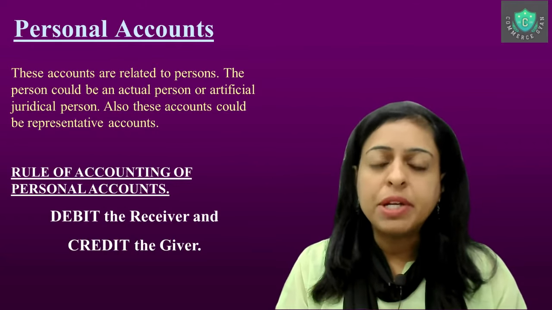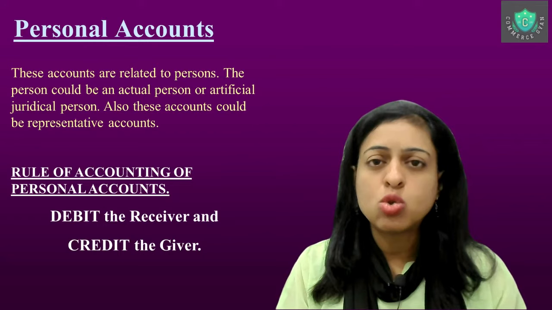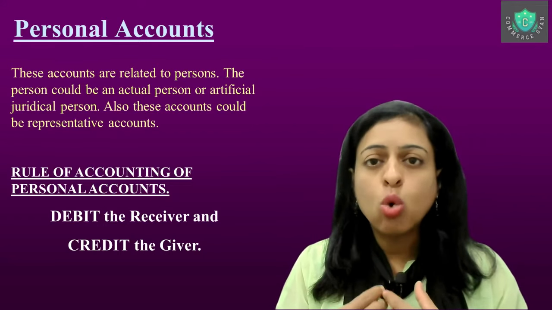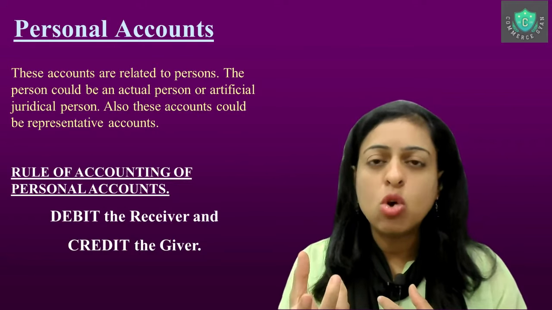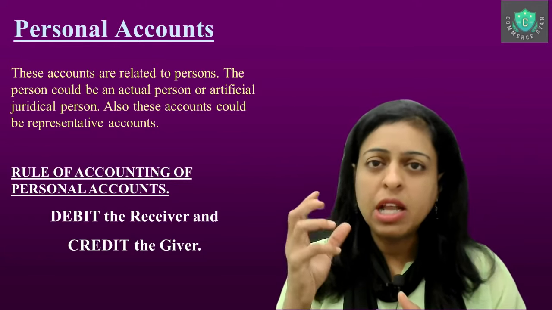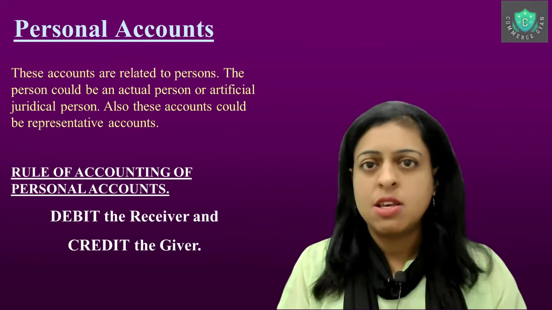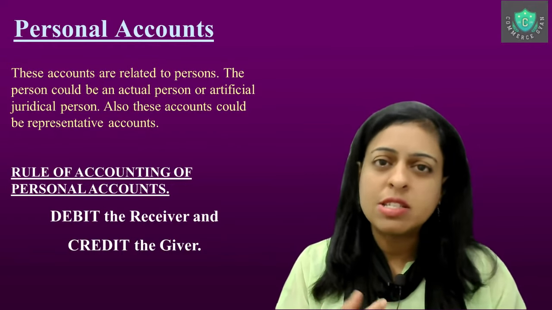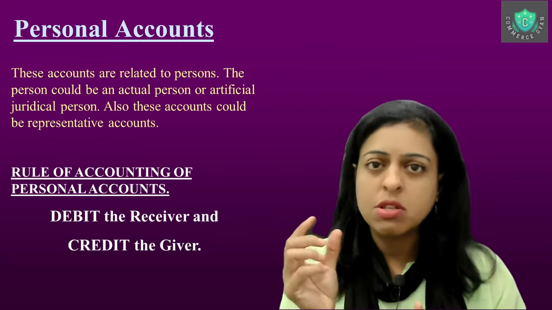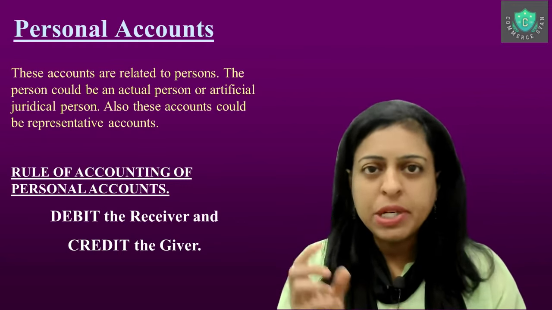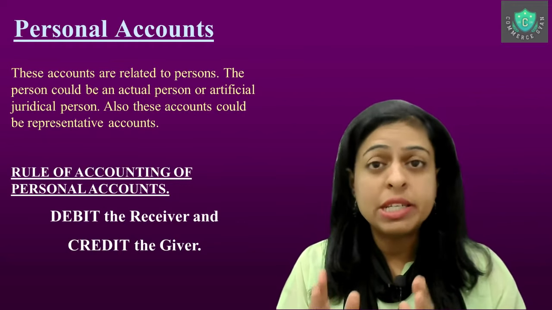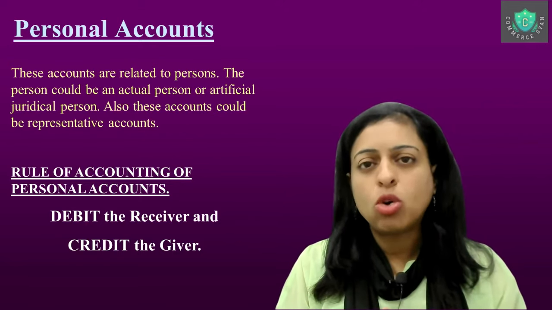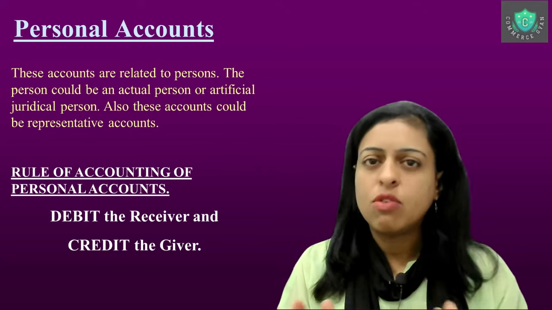So when I'm saying capital, what is this term associated with? It is associated with me as a person. Though the name does not directly exist in the capital account itself, it states that it is invested by a person, a personal account, right? So the capital account is also to be treated as a personal account. Remember this. This is an example of what we call a representative account.